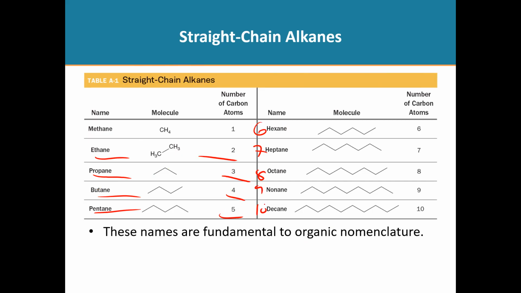I want you to be the ones that say, okay, Dr. Buston is the one that taught me organic chemistry, and I know my naming. I've had some graduate students confuse hexane and heptane, or propane and butane. So I don't want that to be you. I want you to be the ones letting the students in your classes know that you know how to name compounds.